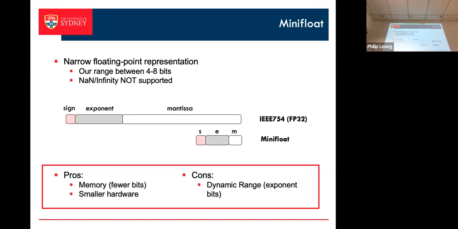The advantages are that it takes fewer bits, so it takes up less memory, and the hardware implementation is smaller. The disadvantage is that because you have fewer exponent bits, the dynamic range, the range of numbers that you can express, is smaller.